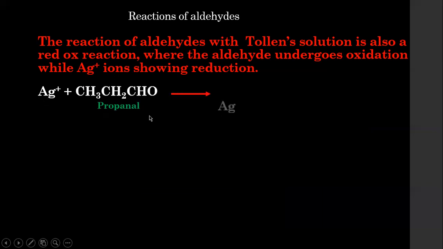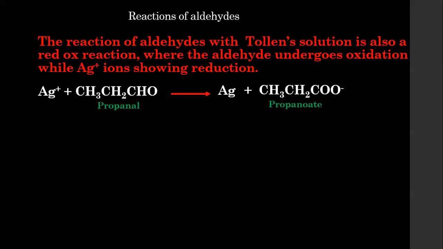Reduction of silver plus means silver metal is formed. See, the +1 oxidation number of silver plus has gone to 0 in silver metal. And in the meantime, propanal is going to make propanoic acid, but the medium is alkaline. Therefore, you end up with not propanoic acid, but propanoate.